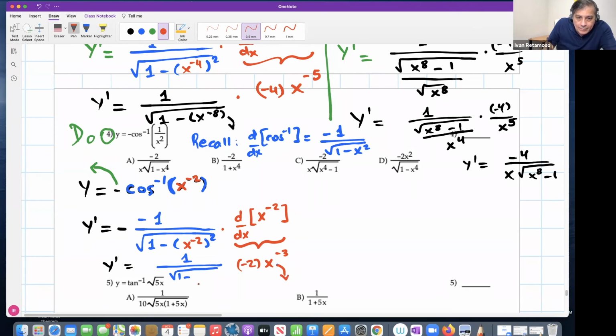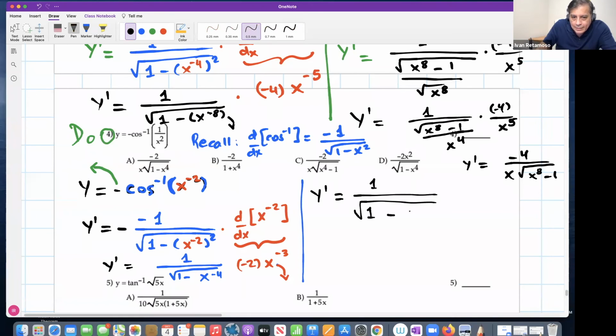So notice here, x raised to negative 2 raised to the second power, x raised to negative 4, right? X raised to negative 4. So next step here, carefully, this y prime should be equal to 1 over the square root of 1 minus 1 over x to the 4, times negative 2 over x to the third, right?